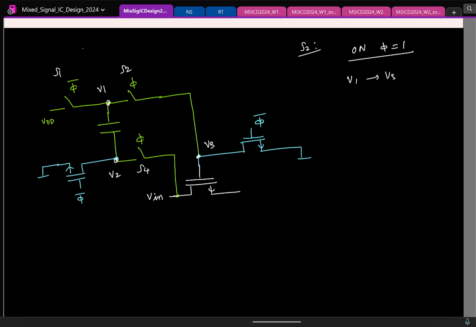VDD plus Vin, which can go all the way to VDD. Fine. So I have something that is trying to pass, within quotes, a high signal. What kind of switch can I use here? PMOS. So that's the best thing we have. So let's use it. And remember, the switch is clocked at phi. So for the PMOS, the control must be phi bar. Okay. Erase it and this.